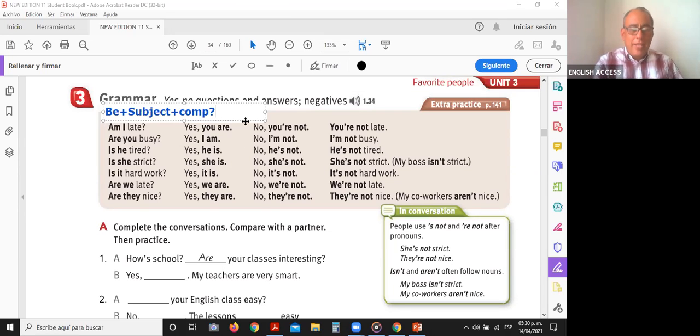Then we have the answers. The answers are short answers. You can say yes or you can say no. But the complete answer is yes, you are, or yes, it is, or no, it's not, or no, you're not, like here in this example. Let's check example number 1.